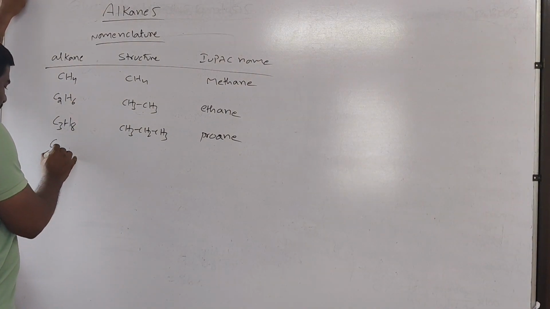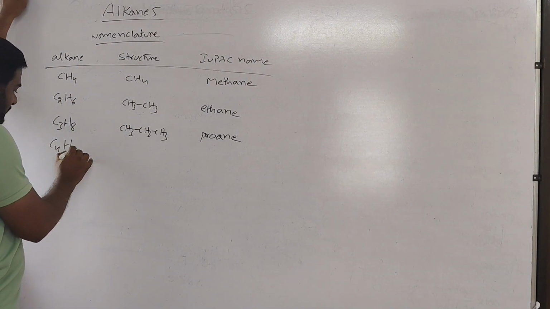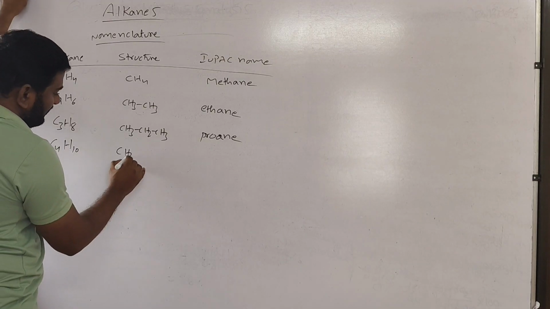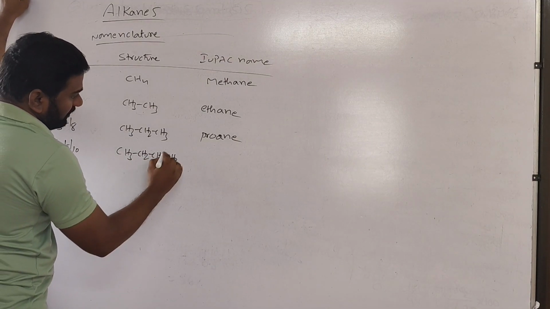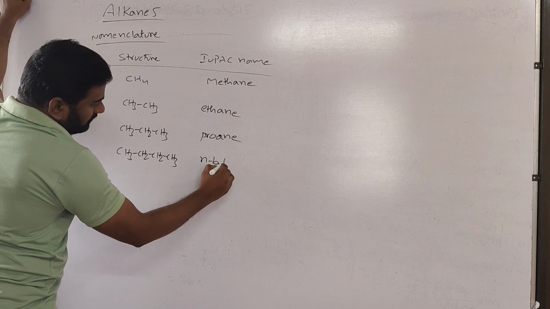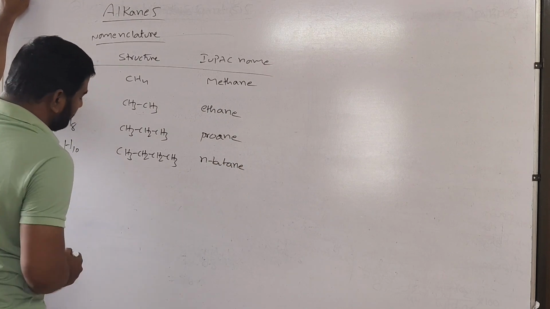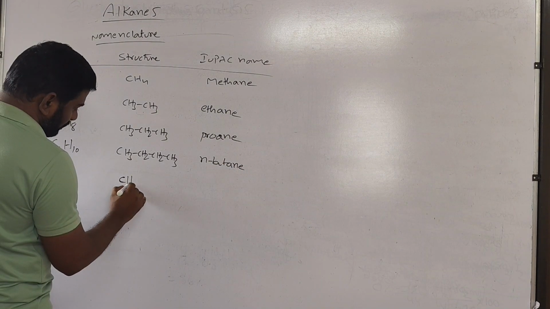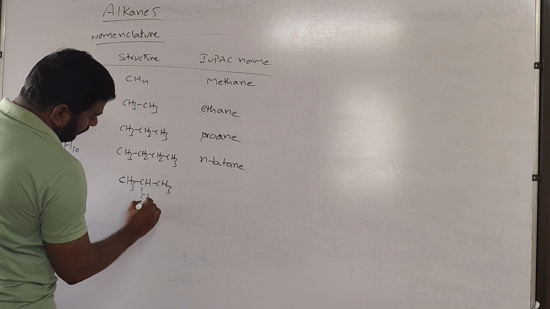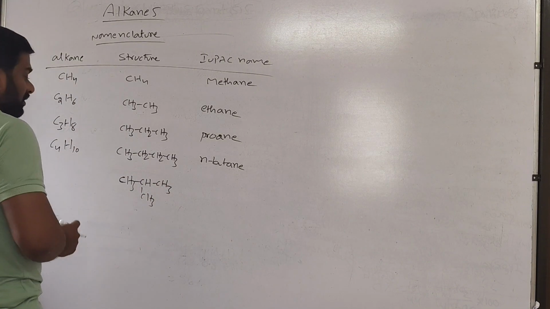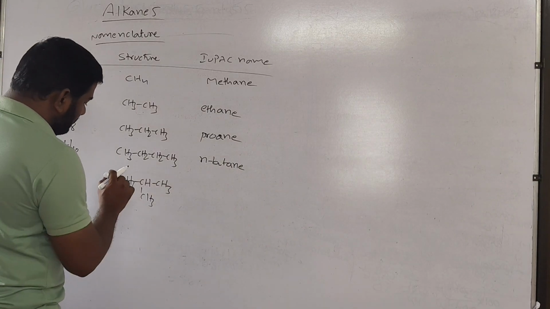Next, C4H10 means we can write CH3CH2CH2CH3. This is n-butane. And next, how can you write this compound's name?